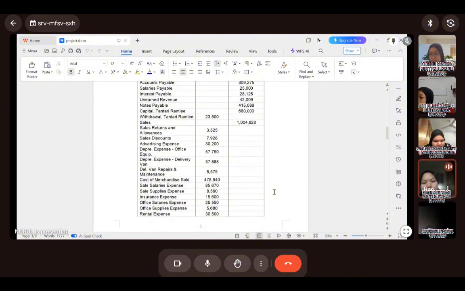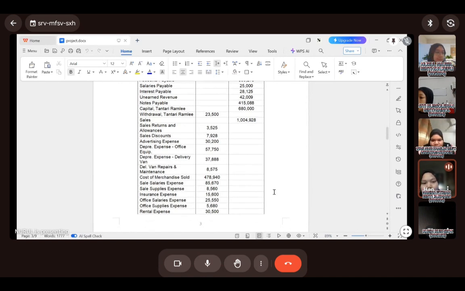I think it's important that we categorize this correctly when we present our findings. And don't forget about the expired insurance worth RM 40,500. That's another expense that should be reflected in our financial statement.